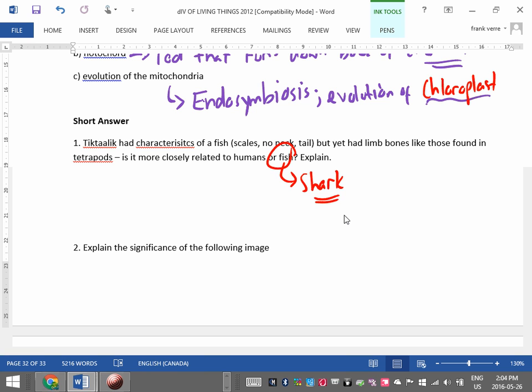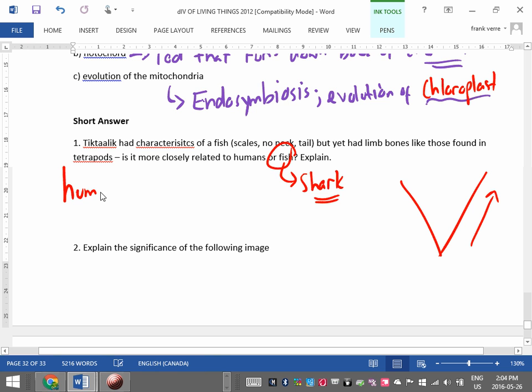That's the one that's the most important, because if you think about it as a tree, as you go up the tree, it's more recent in time. So that characteristic is more important than older characteristics. So in that one, you would say it's more like a human, because the characteristic of having limb bones is more recent.